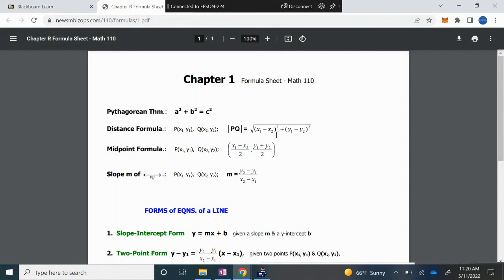I thought the formula was different, but either way that you use it, you should get the same result. I just wanted to point that out. I'm actually going to use this formula, the square root of x sub 1 minus x sub 2 quantity squared plus y sub 1 minus y sub 2 quantity squared.